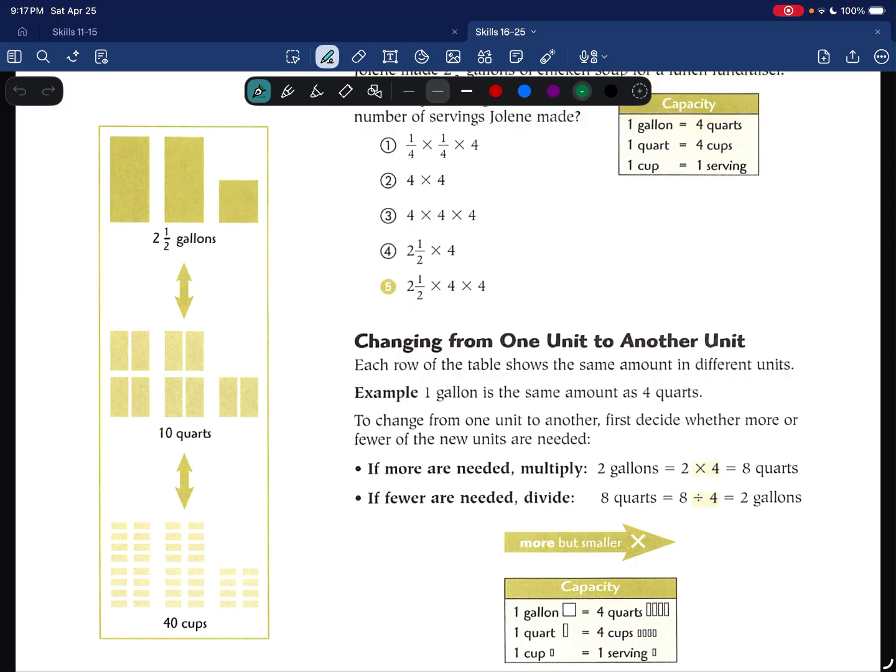So 10 quarts or 40 cups. All of those are equivalent amounts. It just depends on the size of the container that you may have. So you could think of this as 2.5 gallons of water would fill up 10 quart containers or 40 cup containers. And that's the type of problem we're looking at on these 2 pages.